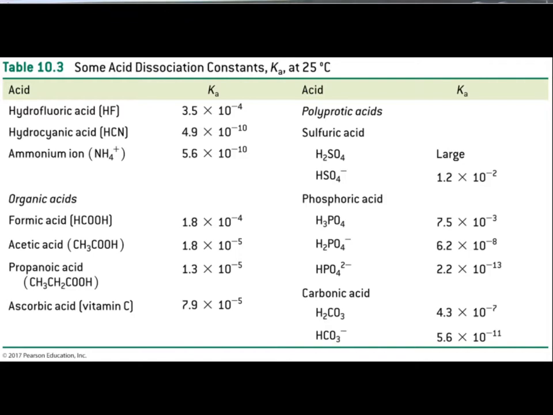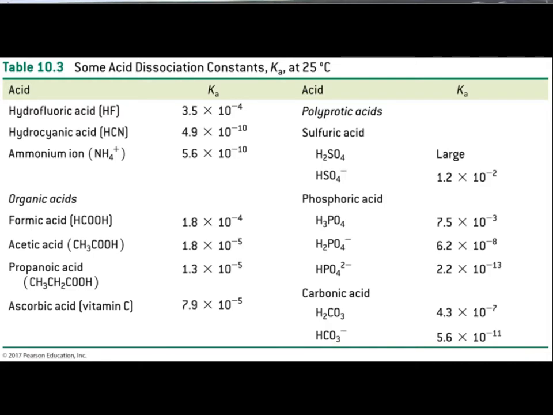Something like at the very end, HCO3- has a Ka value of 5.6 times 10 to the negative 11th. Others are relatively large. Under sulfuric acid on the right side, you'll see HSO4- with a Ka value of 1.2 times 10 to the negative second.